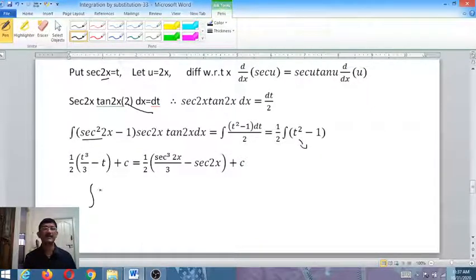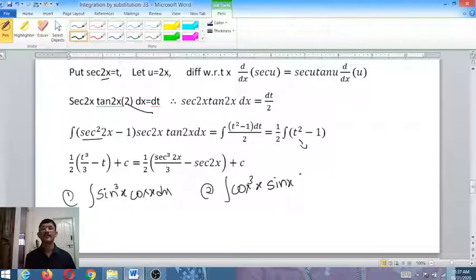Integral of sin cube x into cos x dx, and similarly cos cube x into sin x dx.